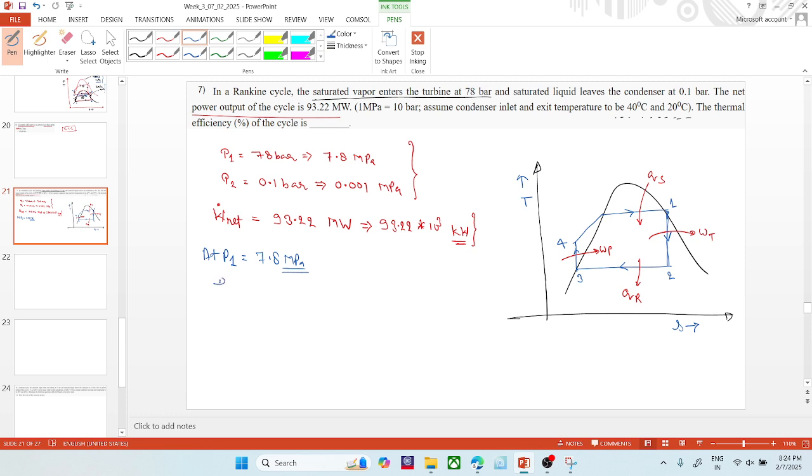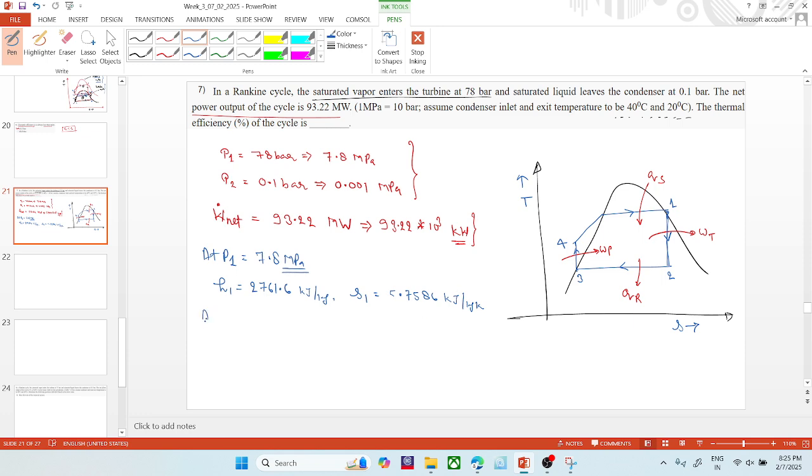So here H1 can be directly determined, and it is 2761.6 kilojoule per kg. Entropy here is 5.7586 kilojoule per kg Kelvin.